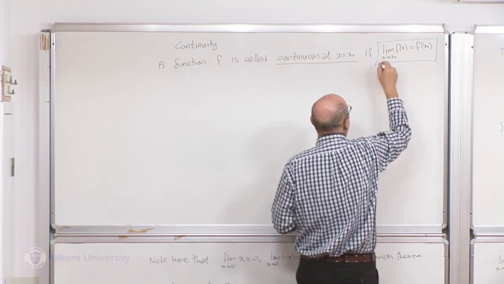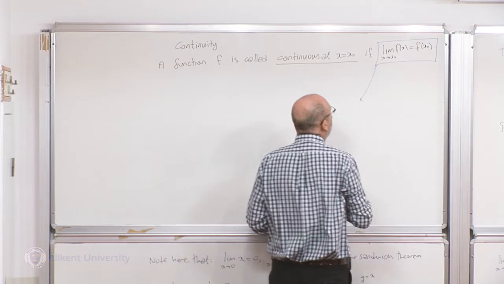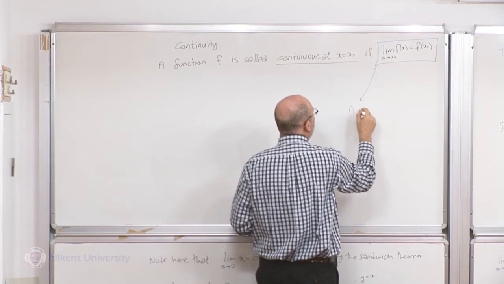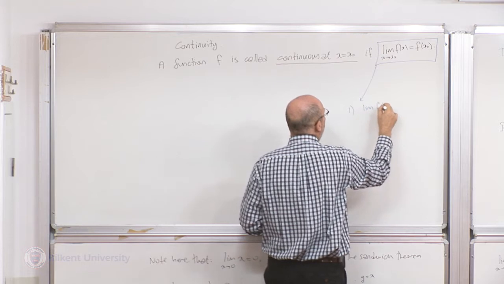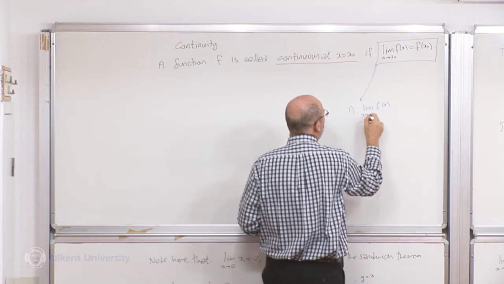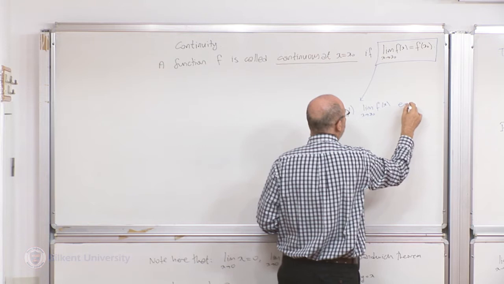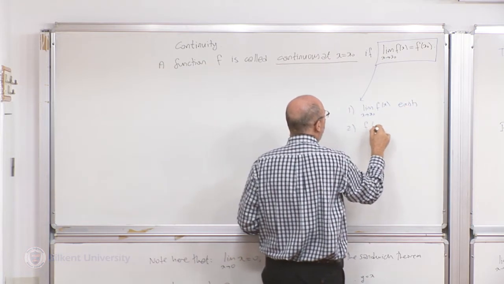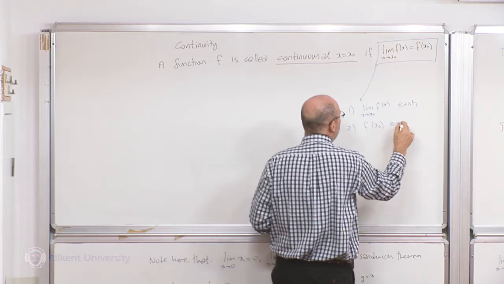So this actually means three things. One, it means the limit of f of x as x goes to x sub 0 exists. And two, it says f of x sub 0 exists.